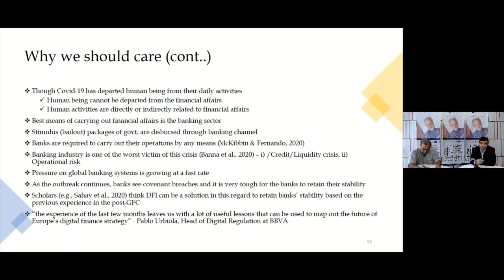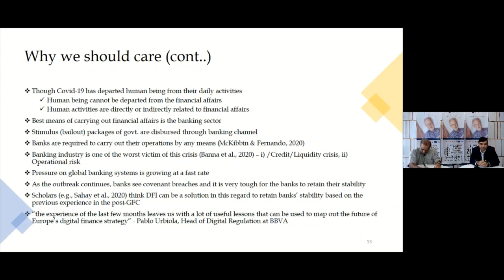Stimulus packages have also been introduced by governments to help the people, which are also disbursed through the banking channel. So it's a great pressure on the global banking system. As the outbreak continues, it's very tough for banks to retain their stability.